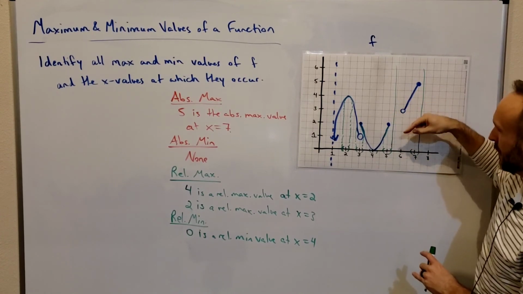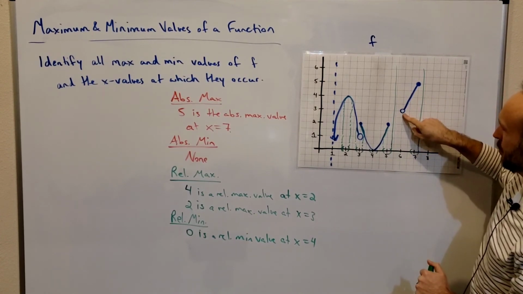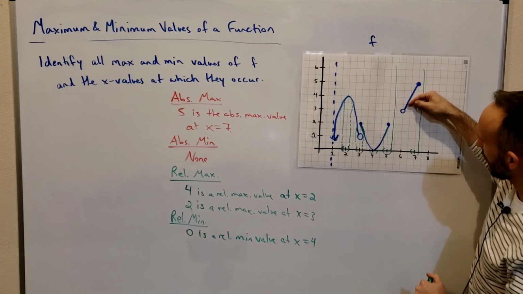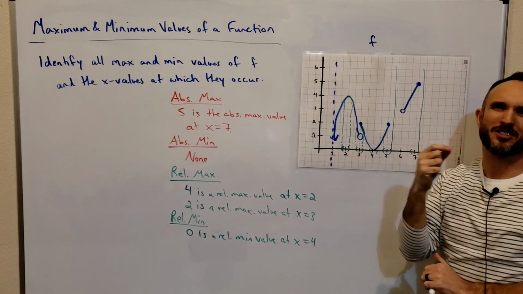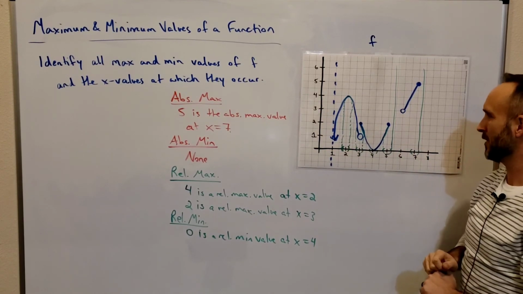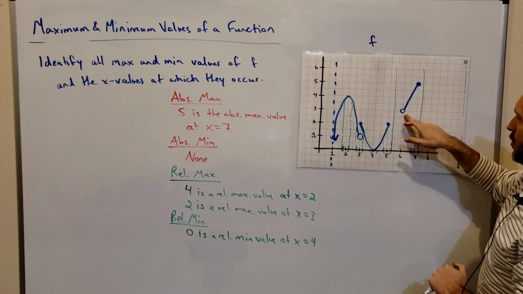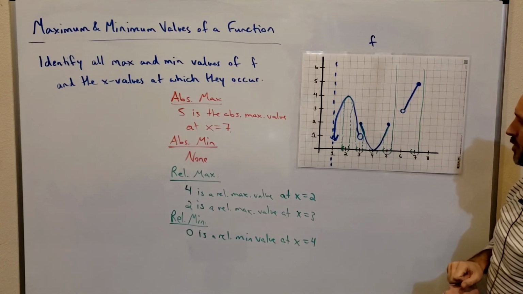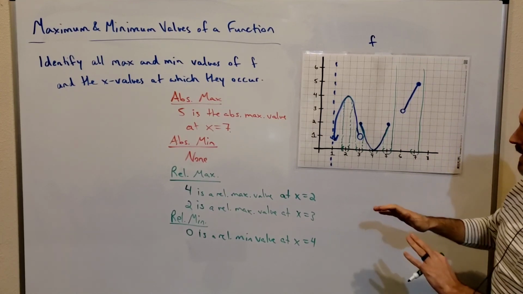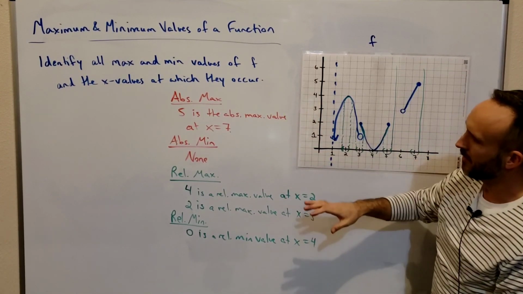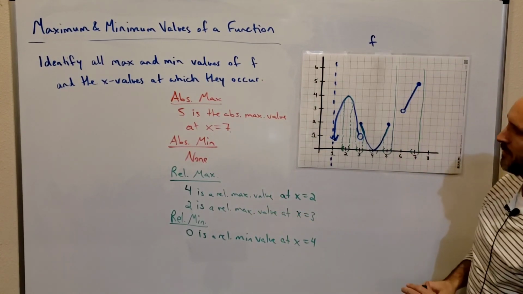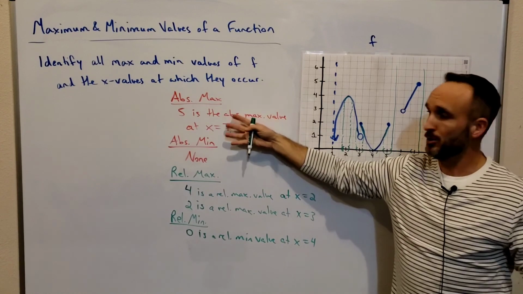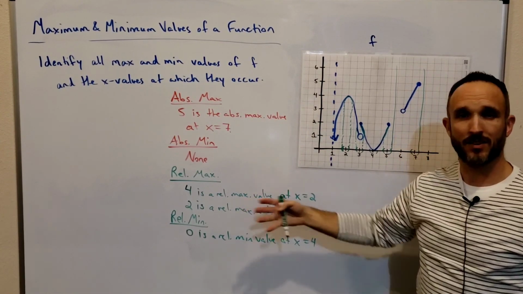It doesn't keep going with an arrow, but because that's an open circle, that indicates that our graph keeps getting infinitely close to that y value of 3, but it just doesn't quite get there. So there is no relative minimum at this open circle. And so here we have a full discussion of the maxes and mins of this particular function f, with regard to absolute max and min and relative max and min.